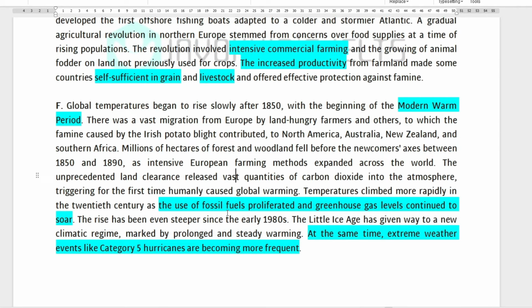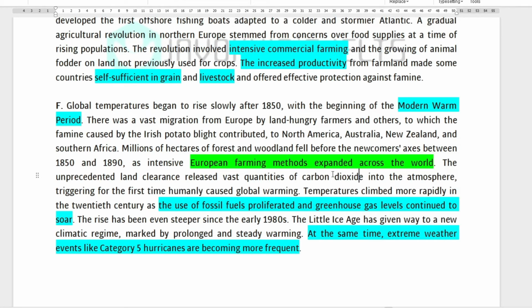Millions of hectares of forest and woodland fell before the newcomers between the 1850s and 1890s, as intensive European farming methods expanded. So European farming methods expanded around the world. So who did this? Once again, millions of hectares.